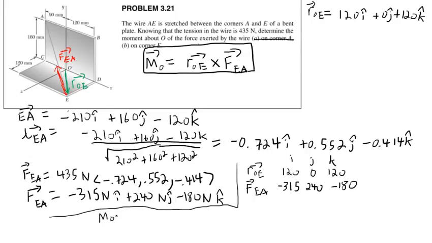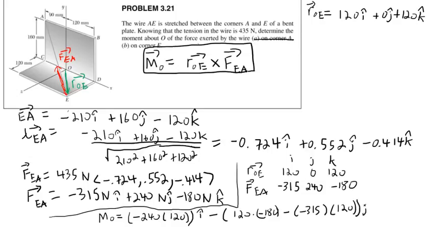The moment M_O is going to be: for the i, well, 0 for this one, minus, so basically negative 240 times 120 i, minus 120 times negative 180, minus negative 315 times 120 j, plus, basically this term will be 0, so just 120 times 240 k, like so.